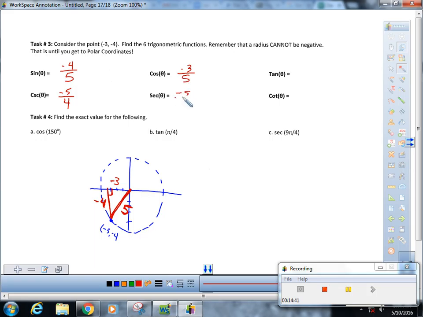This will be -5/3. Tangent will be -4 over -3, which is +4/3. Do you remember that? A negative divided by a negative is a positive. And cotangent will be 3/4. Okay?